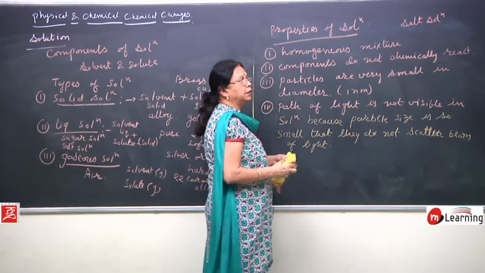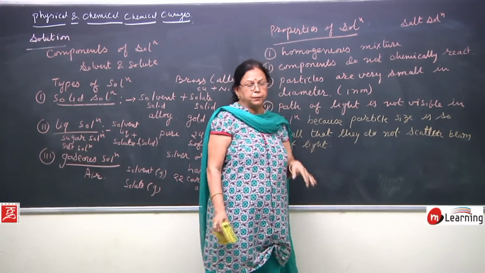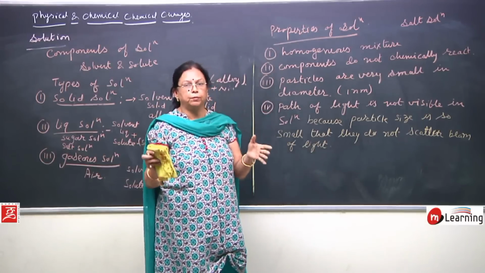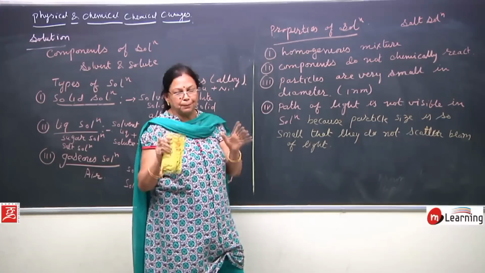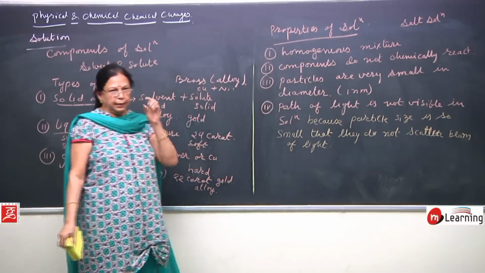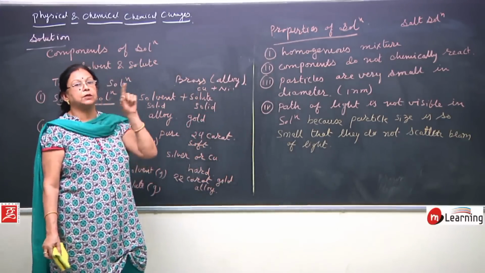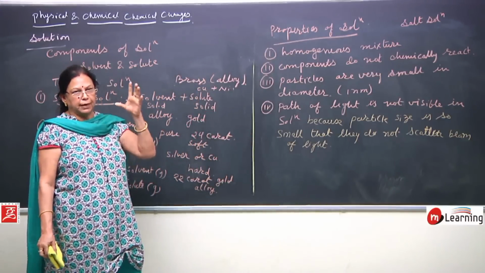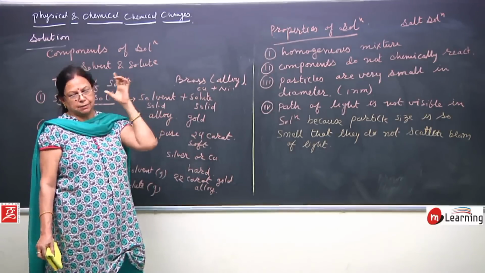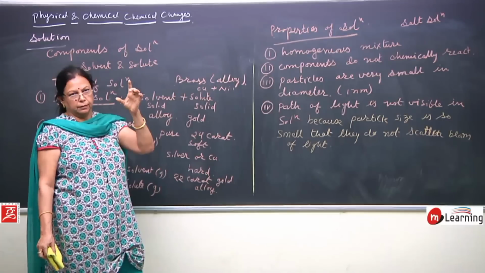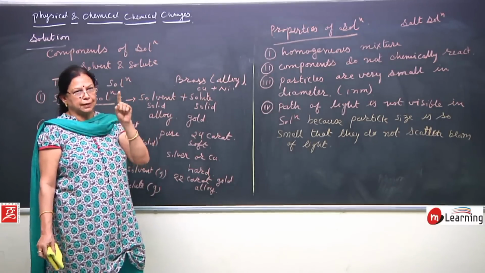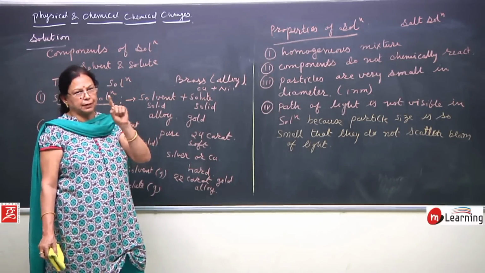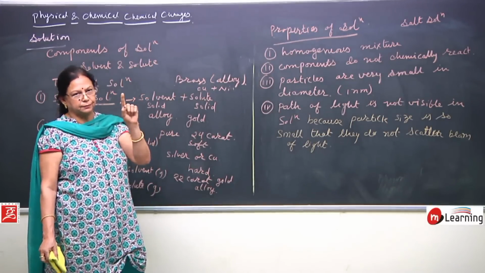Now, children, suppose you have a room that is completely dark, and in that dark room there is a hole, and from that hole some light is coming. You might have observed that you can see dust particles.